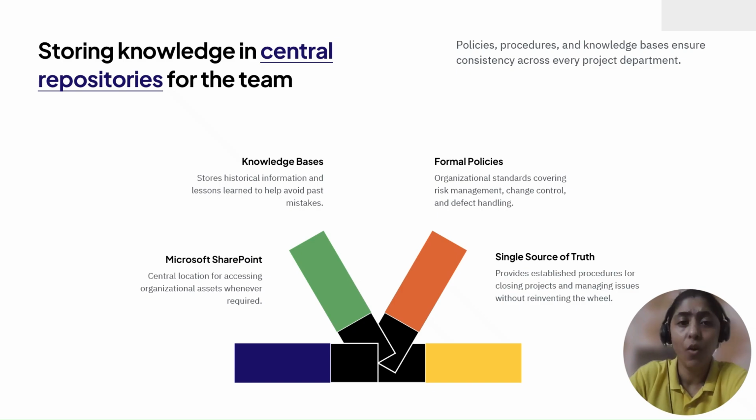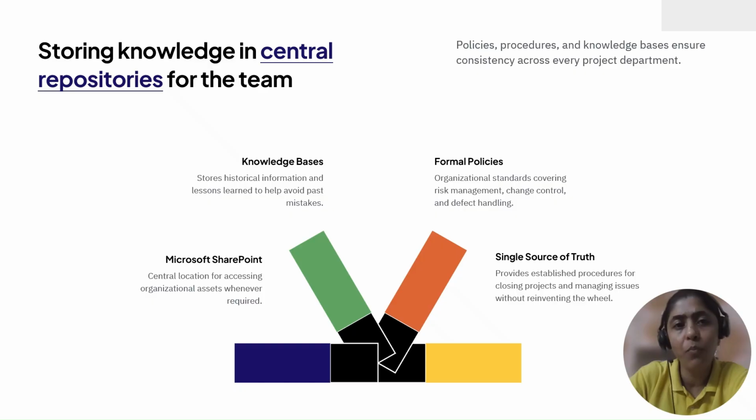For example, the organization may use Microsoft SharePoint as a central location where teams can access organizational assets when they need them. Knowledge bases can also preserve historical information and lessons learned. This is valuable because the organization does not need to repeat the same mistake project after project.